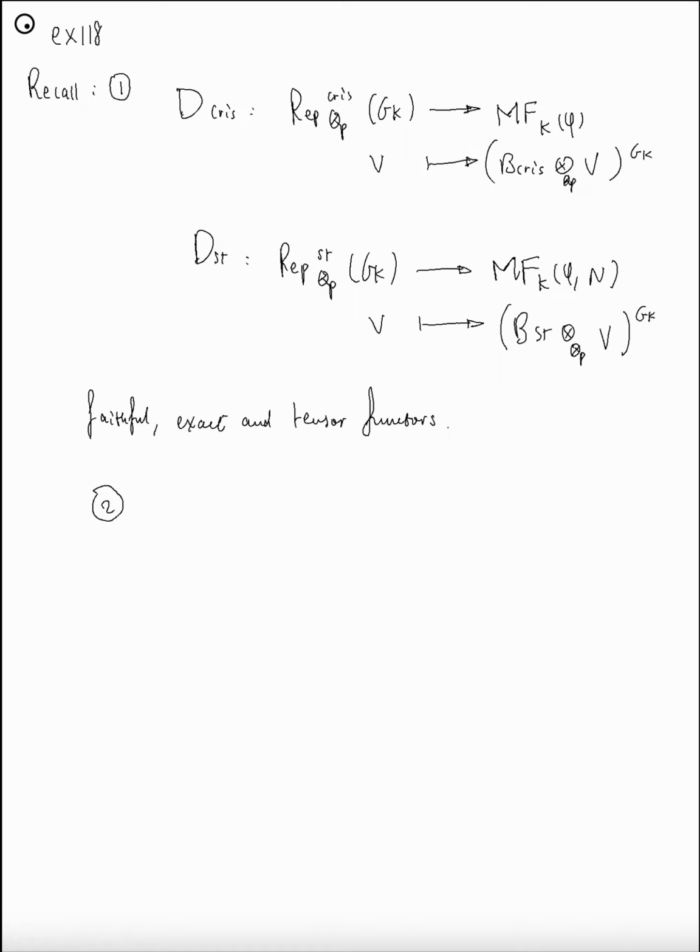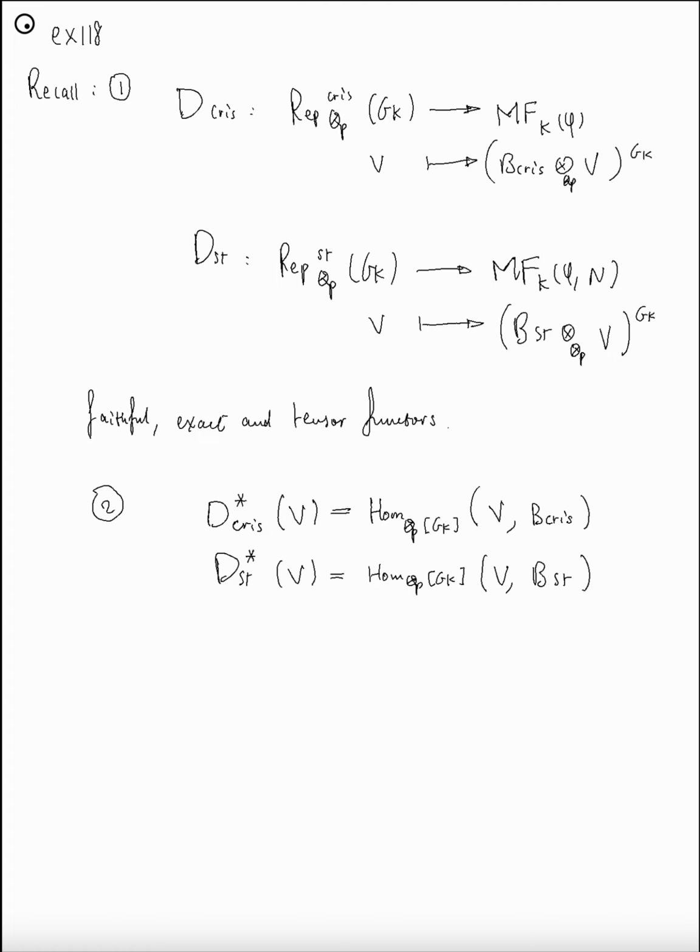So the dual version is D_cris with the same target and source, but D_cris*(W) is defined to be Hom_{Q_p[G_K]}(W, B_cris), and D_st*(W) is defined to be Hom_{Q_p[G_K]}(W, B_st). Right.